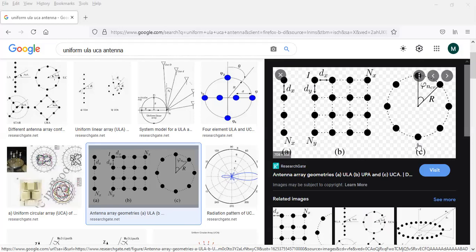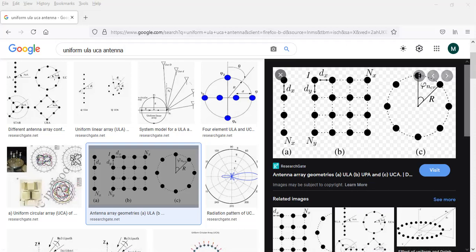The term uniform comes from the fact that the distance between all the antenna elements is the same. It doesn't vary. We did not actually discuss antennas in detail, but could you see the figure in this part? Was it visible? Yes, sir. Thank you.